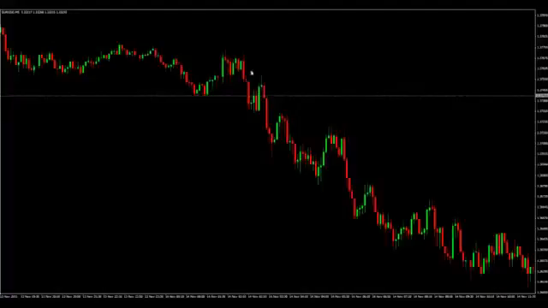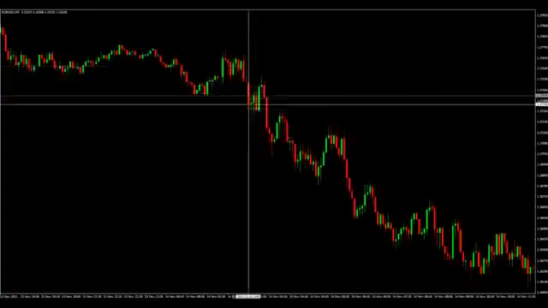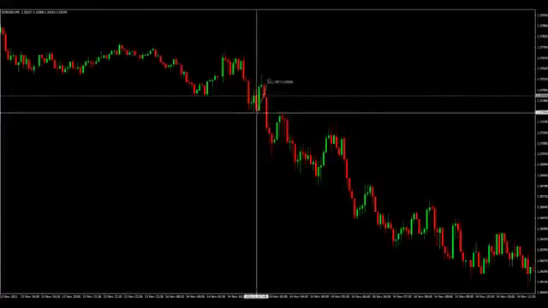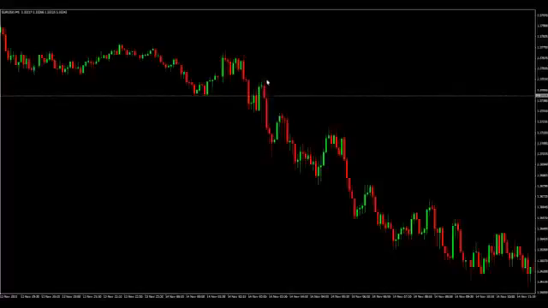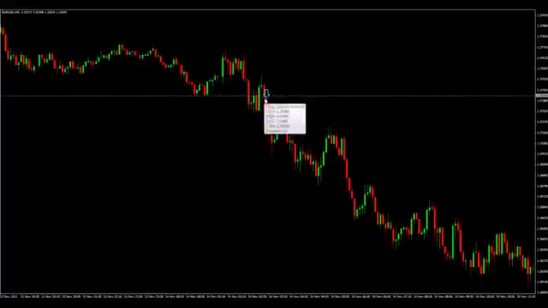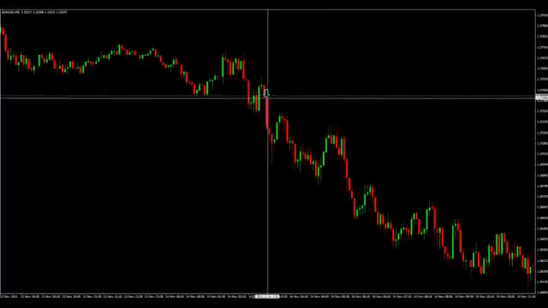The particular strategy that I was using was whenever you have a support line and price comes down and breaks this support line in a downward move, we wait for price to retrace back above this support line, and once it re-breaks this support line again, then we are going to be taking the trade. So this would be a put right here that we would be taking at the very top of this candle. As soon as that candle closes and ends under our support line, we'd be taking a put right there.